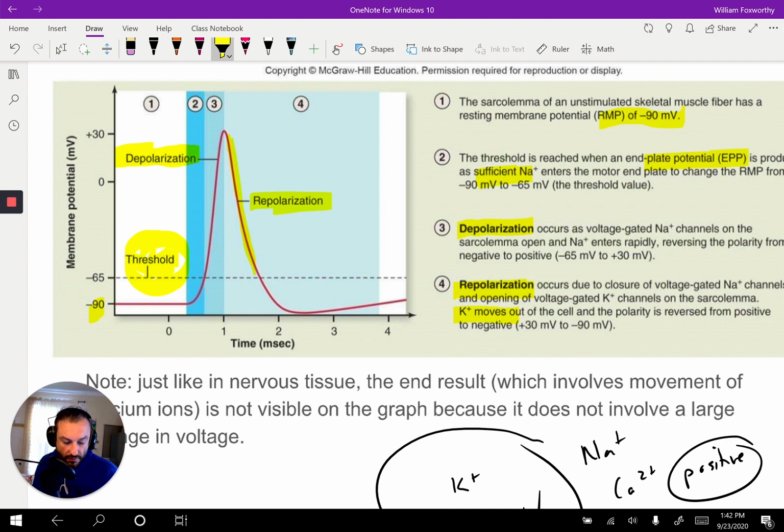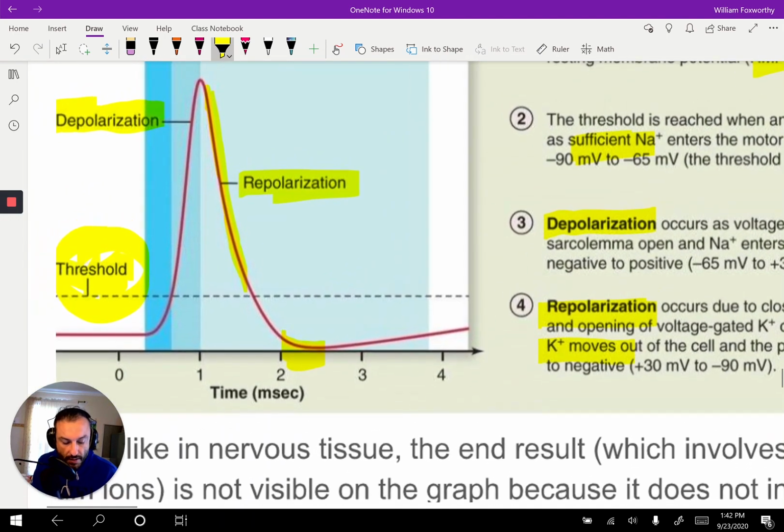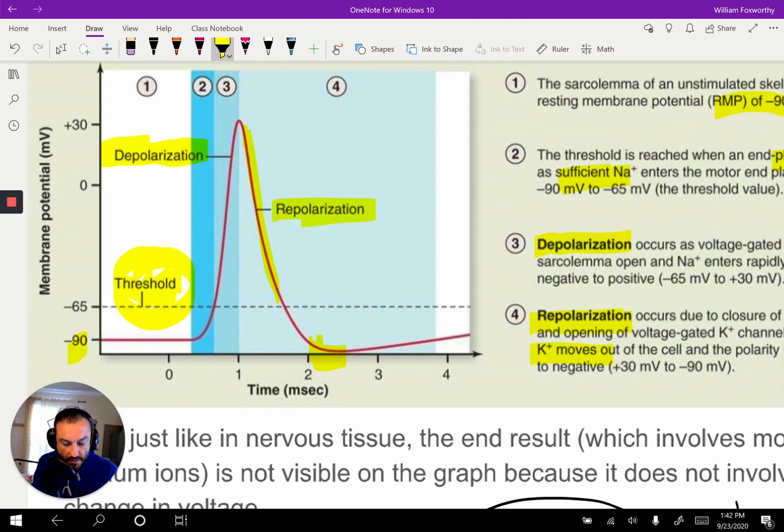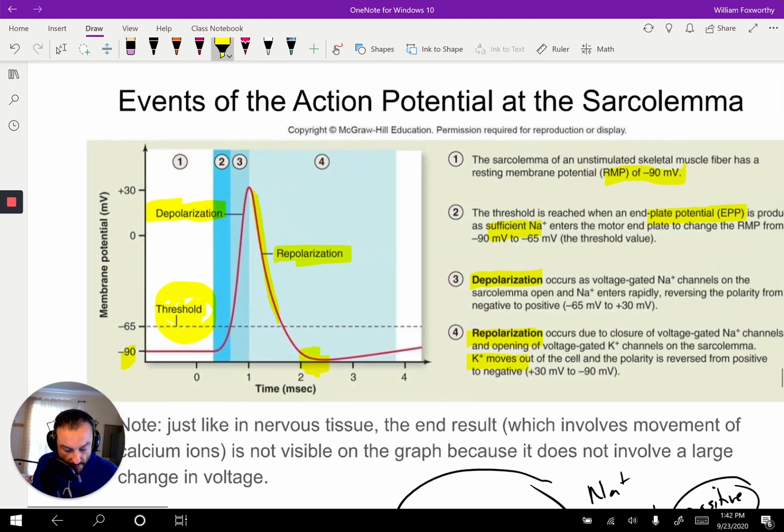You have positive charge leaving the cell, which makes your cell more negative. But your potassium channels are also slow to close, so for a minute you have this hyperpolarization where your membrane potential actually dips below your negative resting membrane potential very briefly.